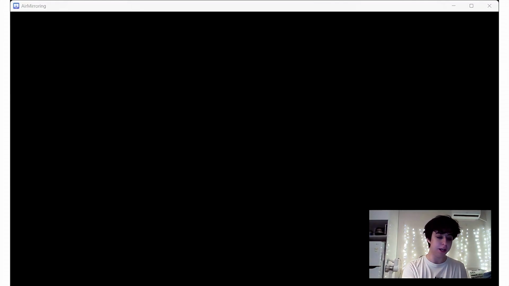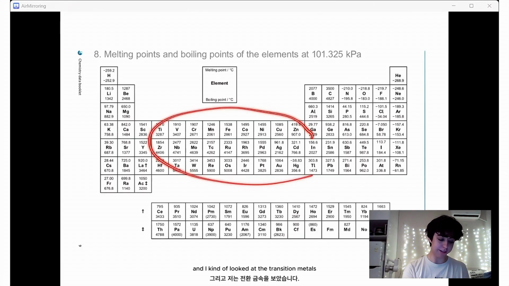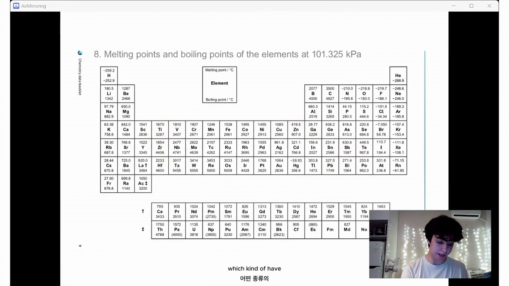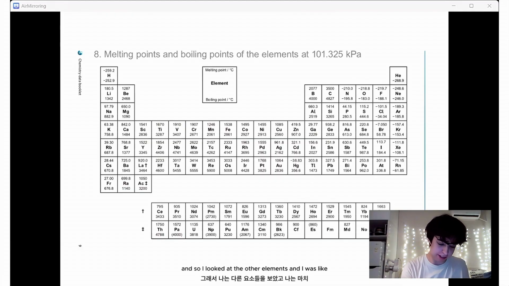It's very useful. So I went over to the melting points and the boiling points of elements, and I looked at the transition metals, where you see the melting points on top. So that's like 1246, 1538. Then I'm like, okay, what constitutes low? I looked at the other elements and we have stuff in the negatives.